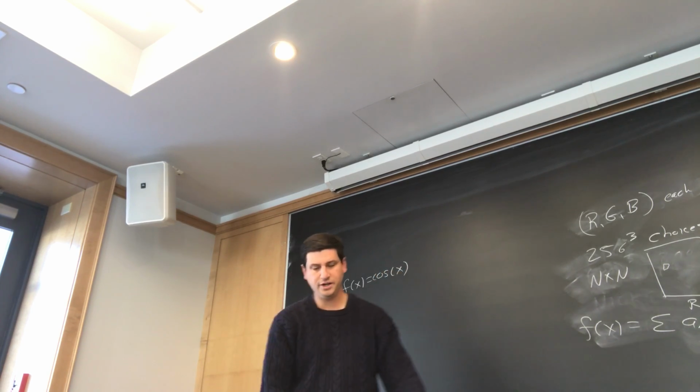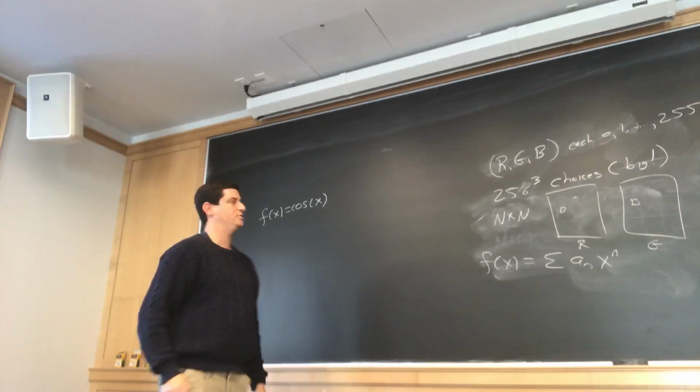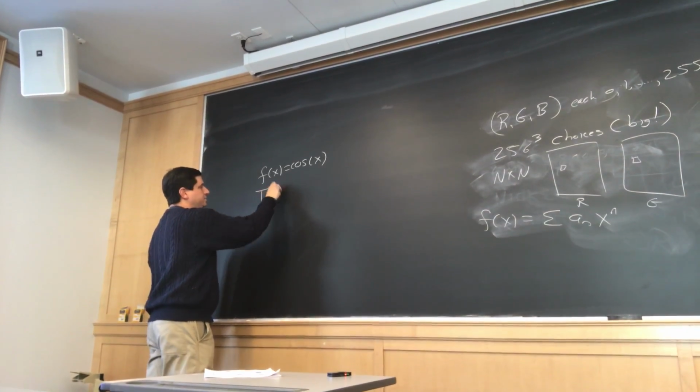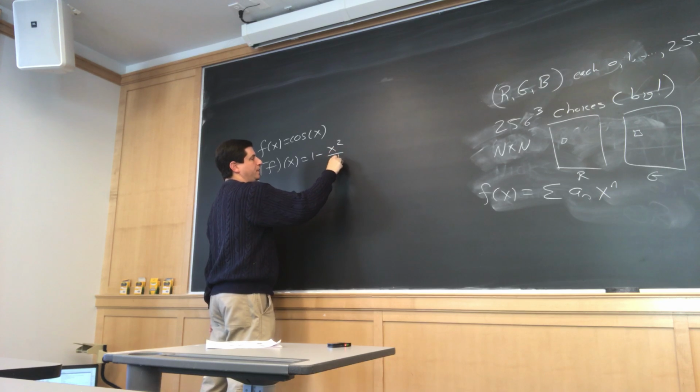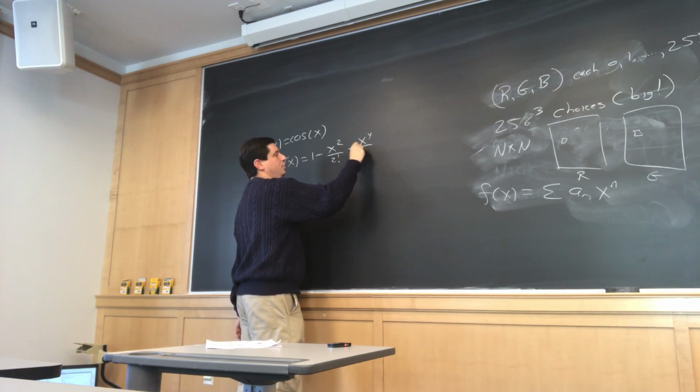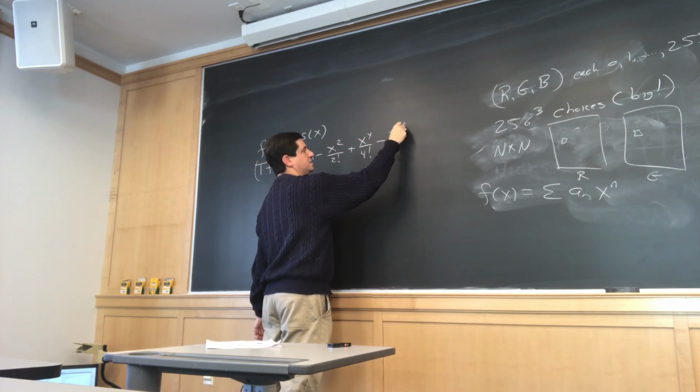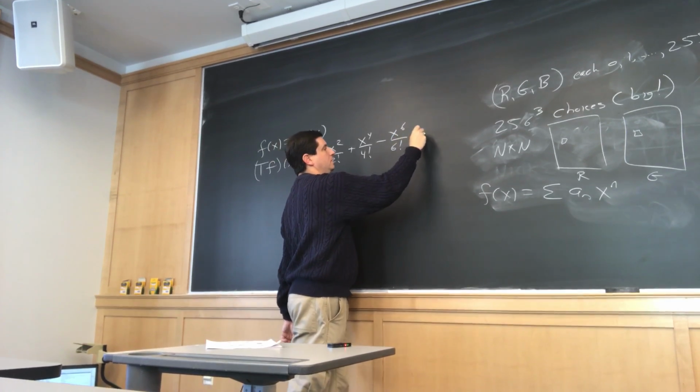If we try to write the Taylor series expansion for that, you get 1 minus x squared over 2 factorial plus x to the 4th over 4 factorial minus x to the 6th over 6 factorial, and so on.